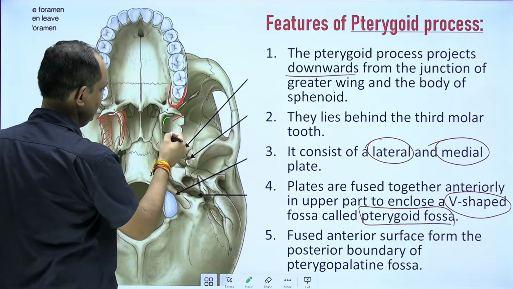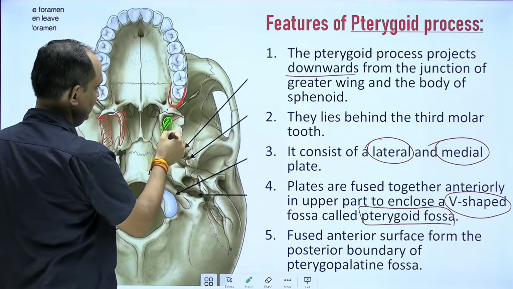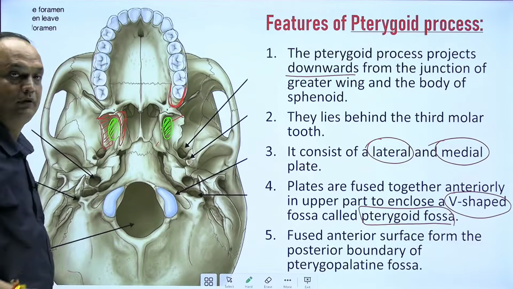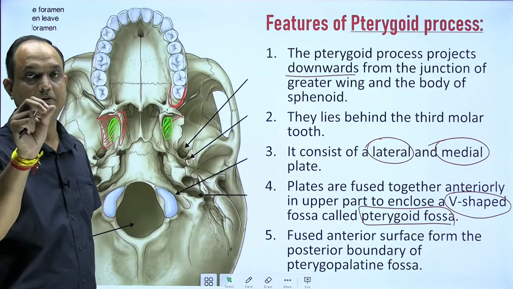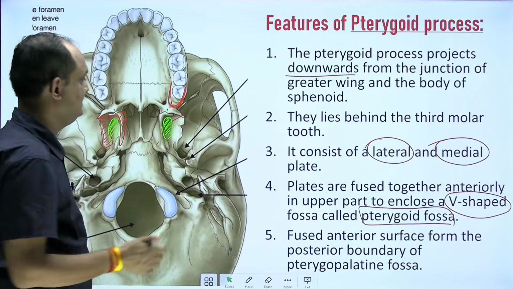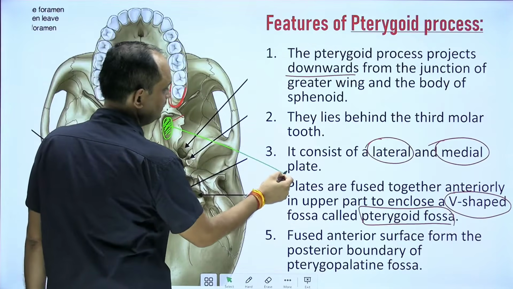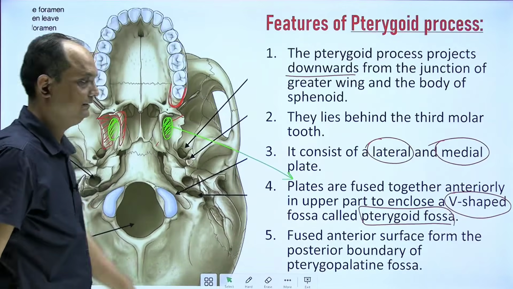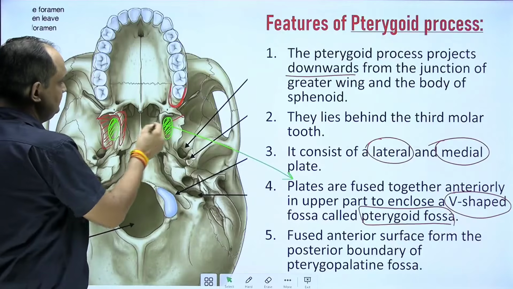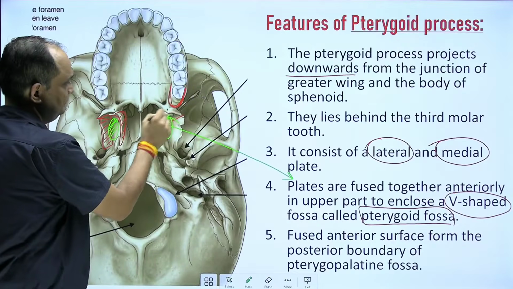Now, this gap between the two pterygoid plates, from the posterior side you can pass the tips of your fingers inside this area, and that area is known as the fossa of the pterygoid process, that is the pterygoid fossa. But anteriorly, these two plates go and fuse with each other.